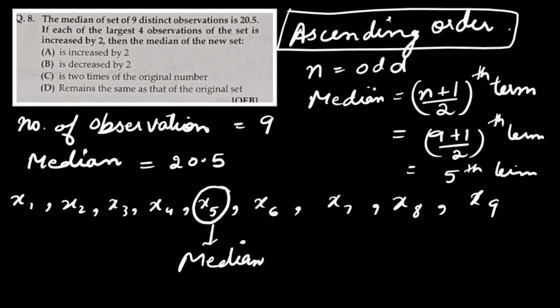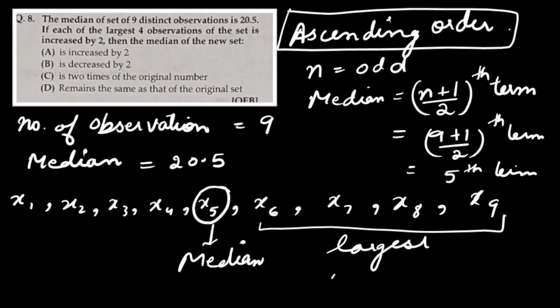This is when n is odd. Now they are increasing the largest 4 observations. The largest 4 observations are these 4 only, because the given data is in ascending order. So the 6th, 7th, 8th and 9th observations are the largest observations.